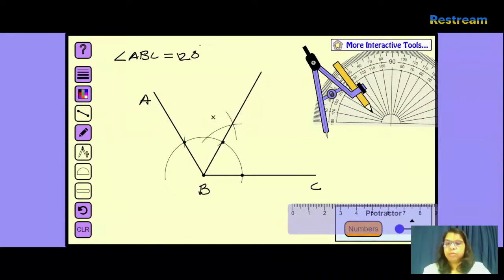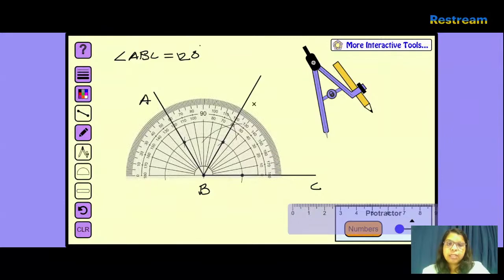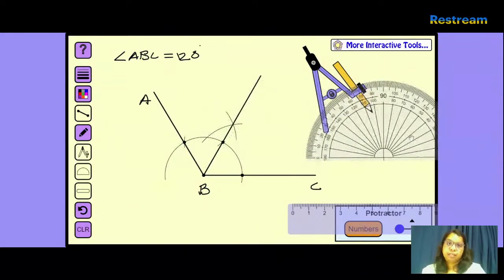My hand moved, and it has to pass through this point. If it is not passing through this point, it is not going to give you the exact 60 degrees that we are expecting. My hand is moving a lot, but for you it is going to be easier. Now adjust your compass and see, it is 60 degrees. So 120 divided by 2 is 60 degrees. So this is how you draw an angle bisector.